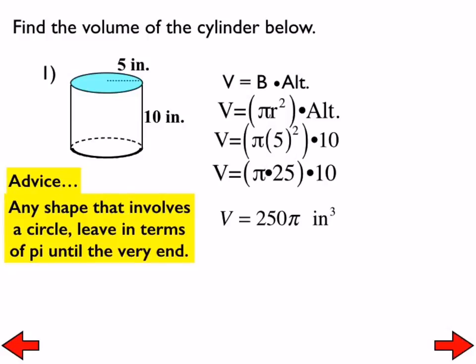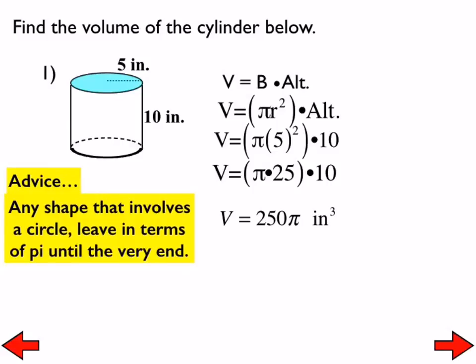Because so far, you have not done anything even remotely difficult in terms of mathematics, right? If you go ahead and multiply earlier by 3.14, then you're sometimes going to have to deal with a decimal more than once. I'm trying to put that off until the very last step. So in terms of pi, the volume is 250 pi, of course, cubic inches.